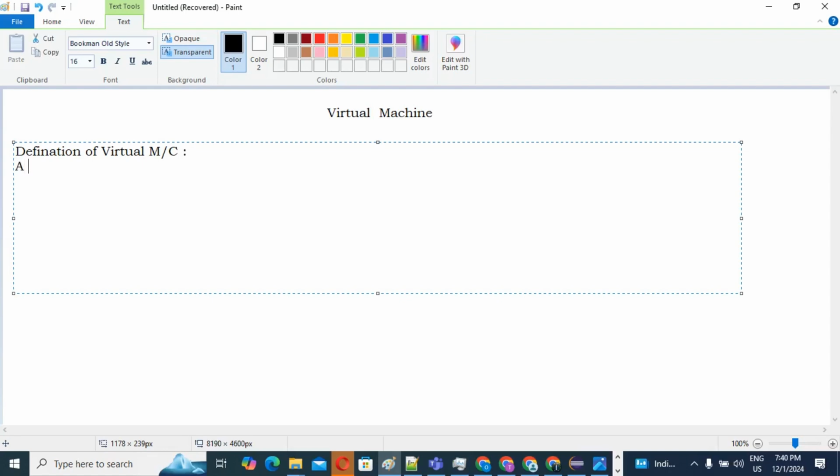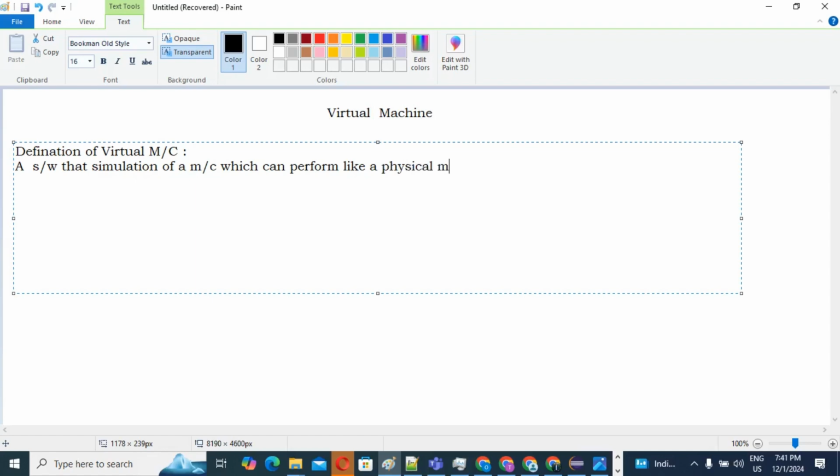See, a software guy, you can understand in that way. A software that simulates a machine, which can perform like a physical machine.